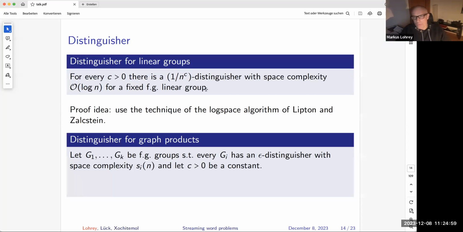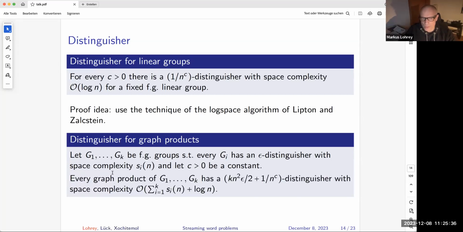And then the more interesting thing is that we can use transfer theorems for distinguishers. Namely, if you have groups G1 to GK, K many groups, such that every Gi has an epsilon distinguisher with space complexity Si of n. They can have different space complexity. That's not important. And let C be a constant greater than 0. That's the setting.